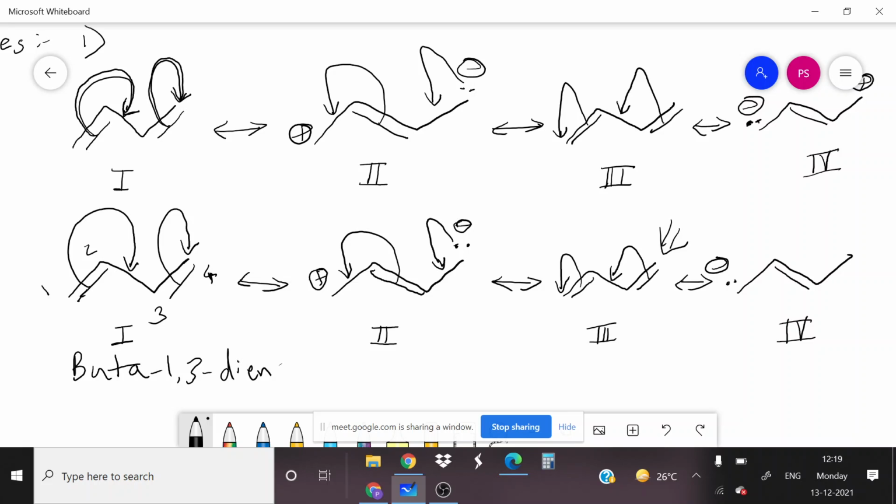What is changing is only the loosely held electrons, or pi electrons. You can see that all these structures have the framework CH2 CH CH CH2, only the arrangement of pi electrons is different.